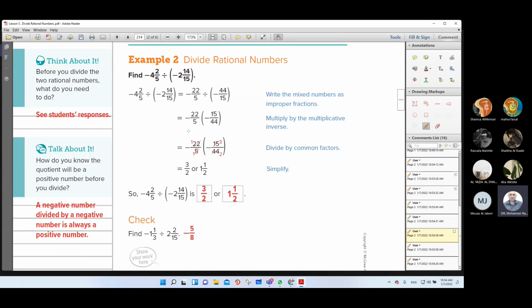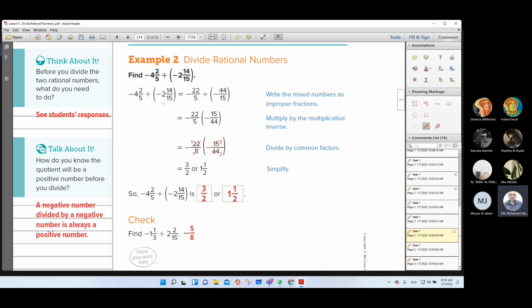In this example, divide rational numbers. We want to find negative 4 and 2 over 5 divided by negative 2 and 14 over 15. As you see, you have mixed numbers here. Always when you have mixed numbers and you want to divide, change the mixed numbers to fractions. How to change it? 4 times 5 is 20, plus 2 is 22 over 5. So negative 22 over 5.